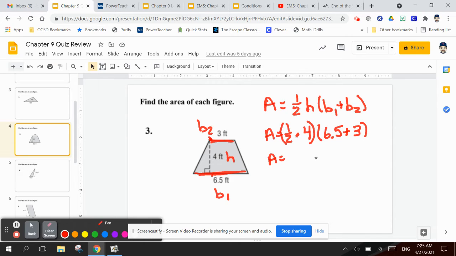Area equals 1/2 of 4 is 2, times 6.5 plus 3, which is 9.5. So my area equals 2 times 9.5, which would be 19. Then I look for my feet and feet, so I have feet squared.